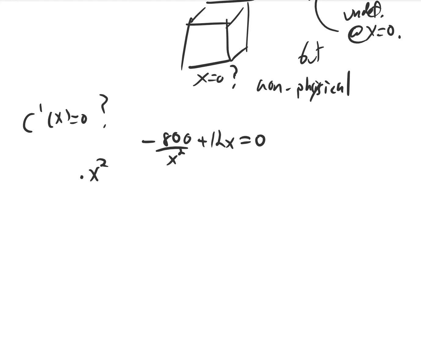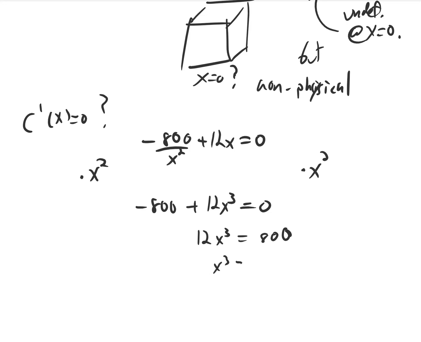Negative 800 plus 12x cubed equals 0. 12x cubed equals 800. x cubed equals 800 over 12, and that doesn't simplify really nicely. There's a common factor of 4, so it's 200 over 3. And then finally, x will be the cube root of that.